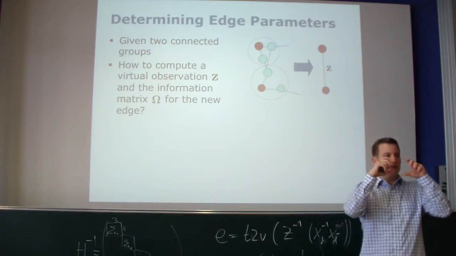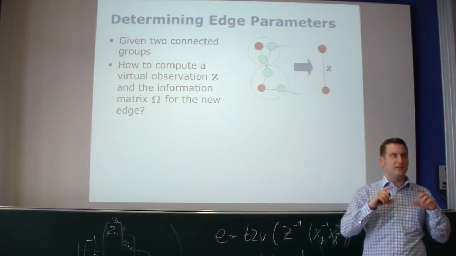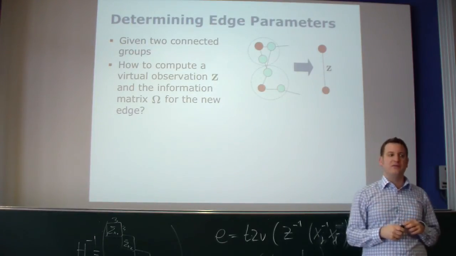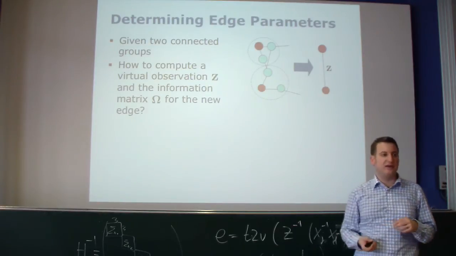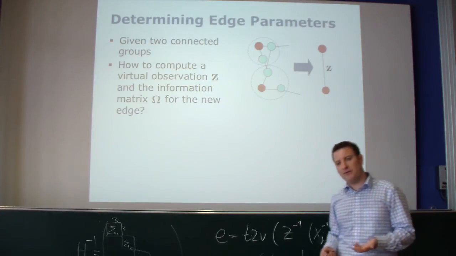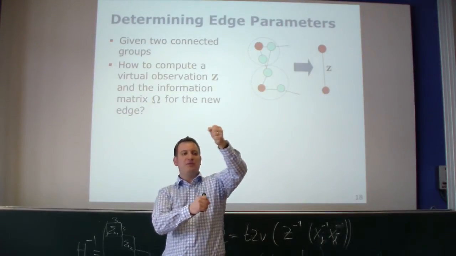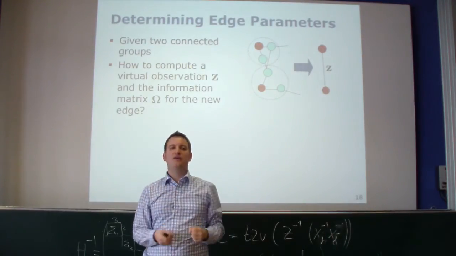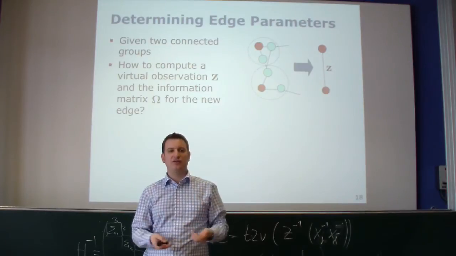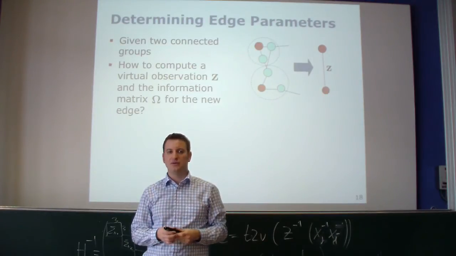I just invert this small, tiny covariance matrix again, and then have my information matrix that corresponds to this edge. If I proceed in this way, I obtain a new edge which corresponds to the result of the optimization of those two groups together with the relative uncertainty that results from this joint optimization.